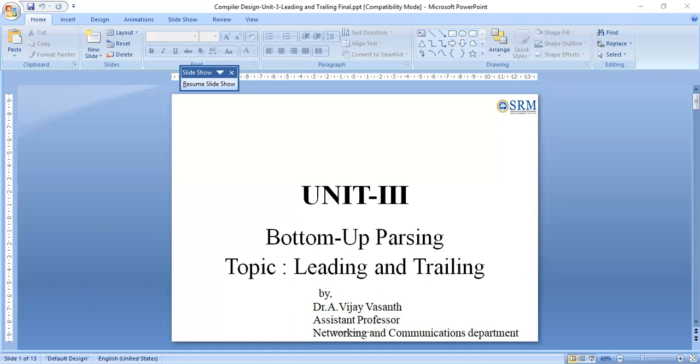When you take up an operator precedence parser, the production rules which we are given will be preliminarily processed by leading and trailing. So the basic step in operator precedence parser is determination of leading and trailing.